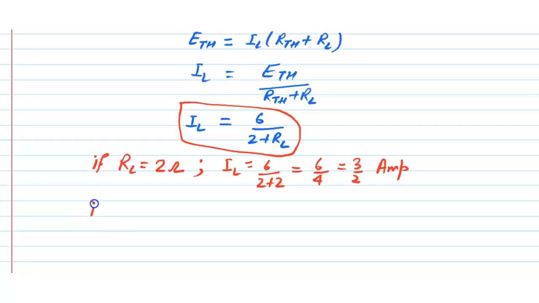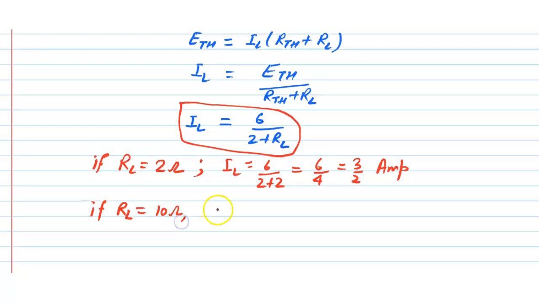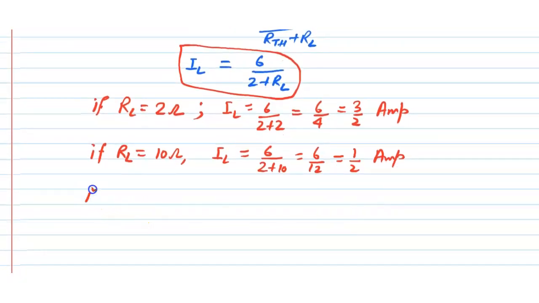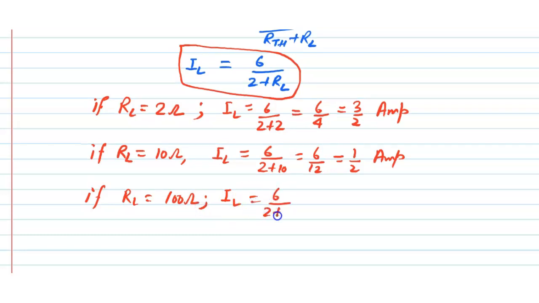Similarly for RL equal to 10 ohm, IL is equal to 6 by 2 plus 10, that is 6 by 12 or 1 by 2 ampere. And for RL equal to 100 ohm, IL is 6 by 2 plus 100, that is 6 by 102.